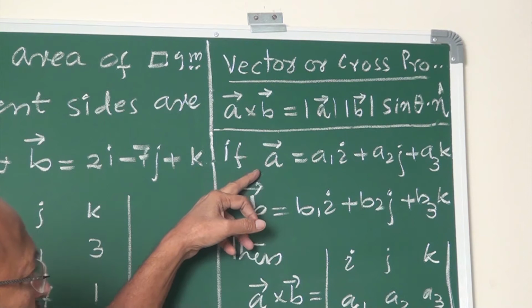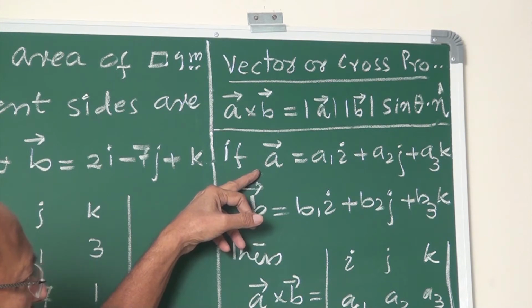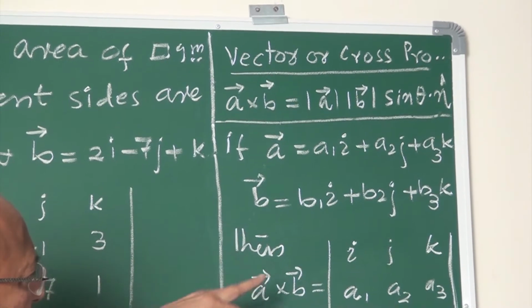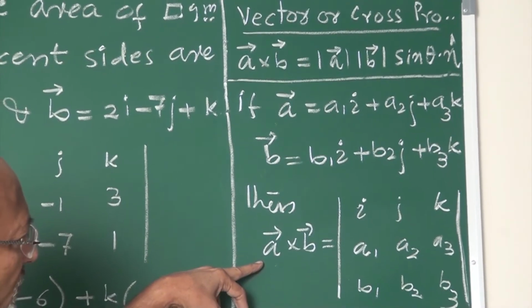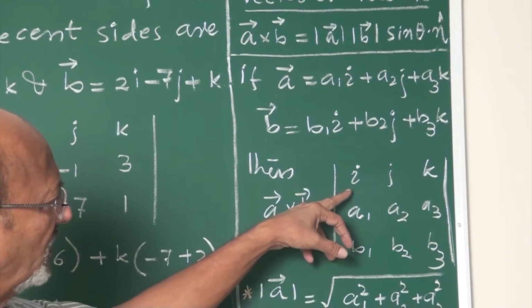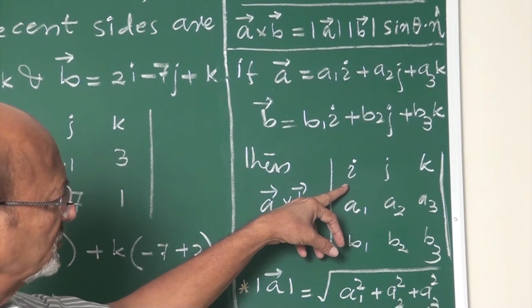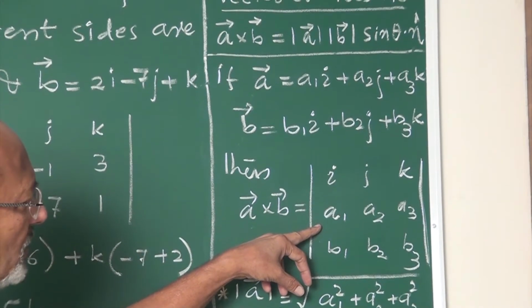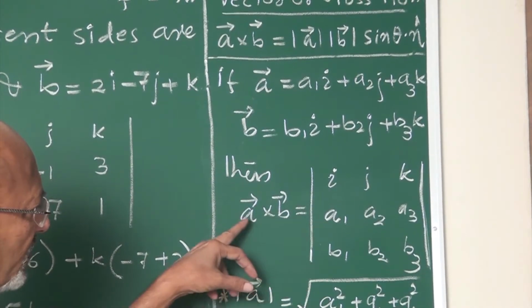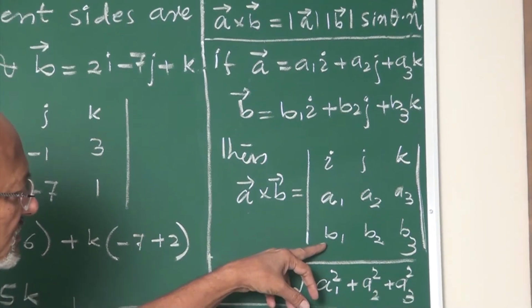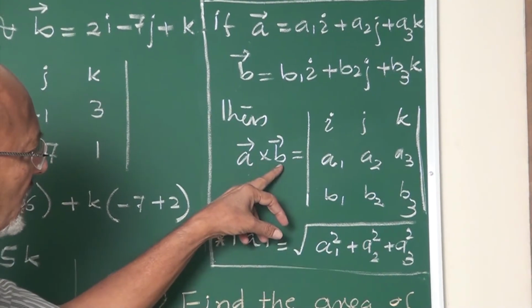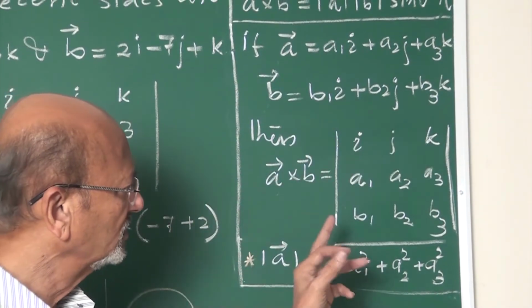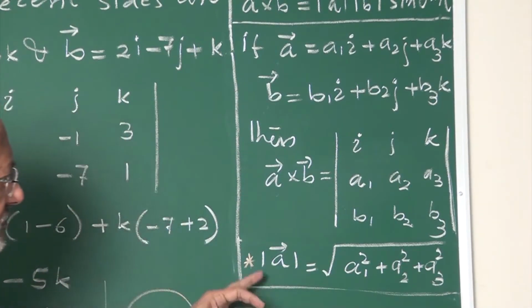Then this is the practical formula. If A equals A1 i plus A2 j plus A3 k, and B equals B1 i plus B2 j plus B3 k, then A cross B equals the determinant with first row i, j, k, second row the scalar components of the first vector A, and third row the scalar components of the second vector B: B1, B2, B3.